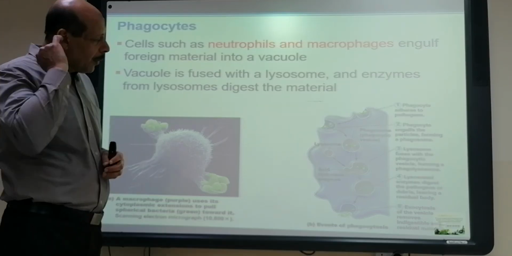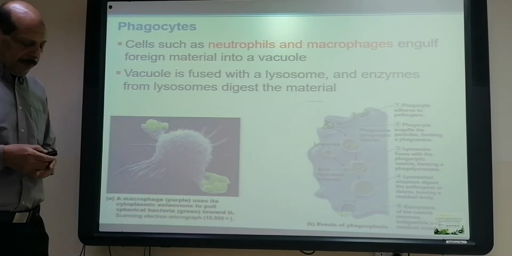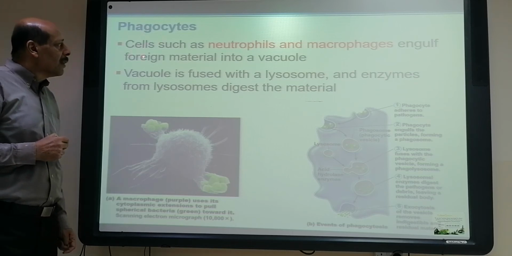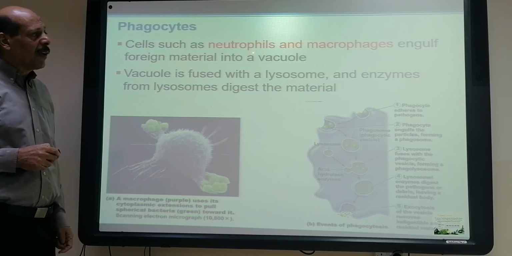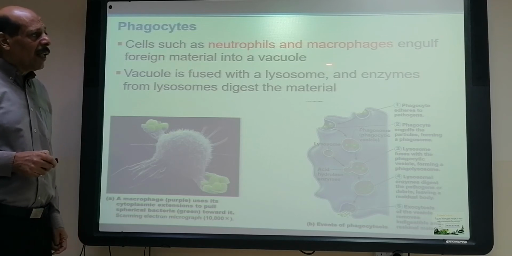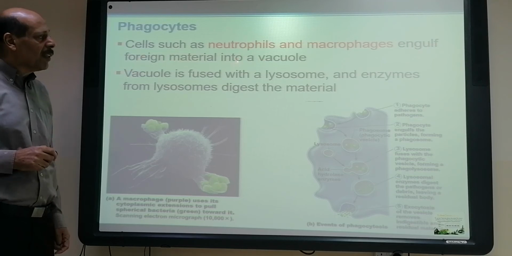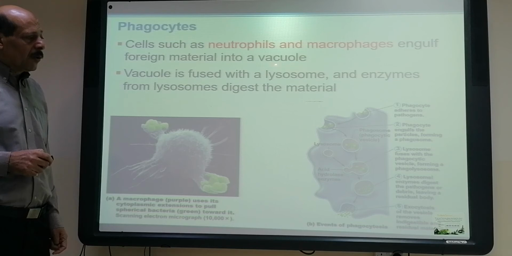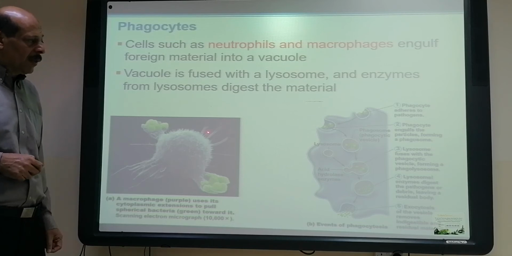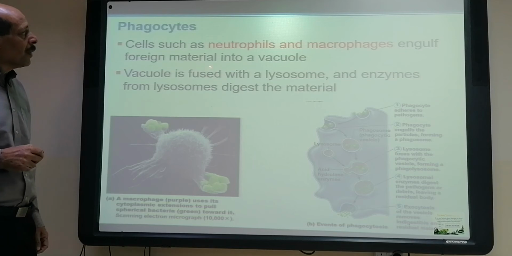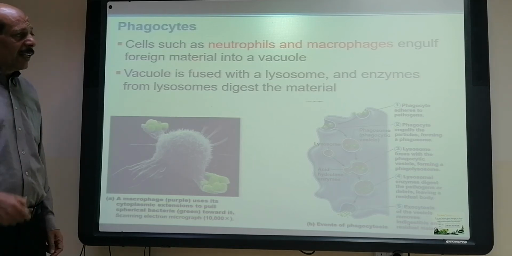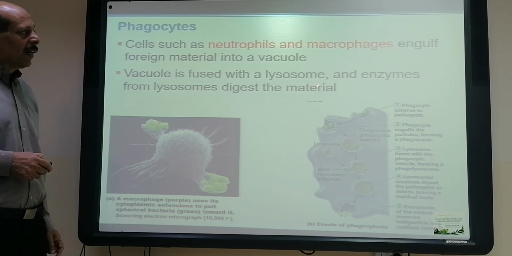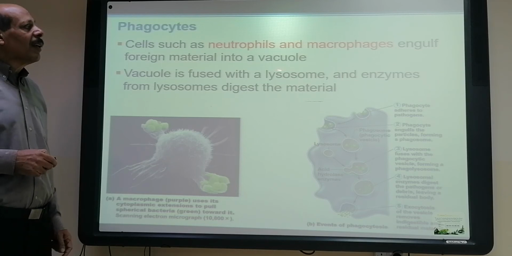If we come to the phagocytes, the phagocyte cells such as the neutrophils and macrophages engulf the foreign material into vacuoles. They identify the bacteria, the virus, the foreign materials or the antigen.